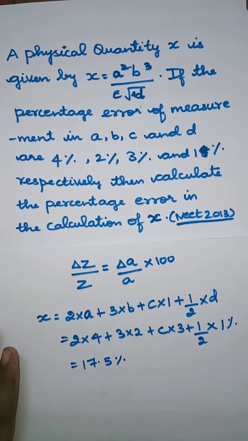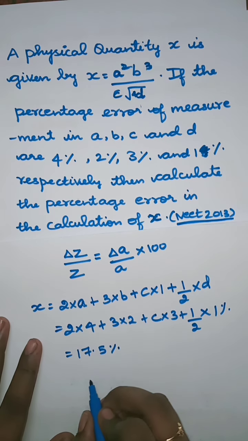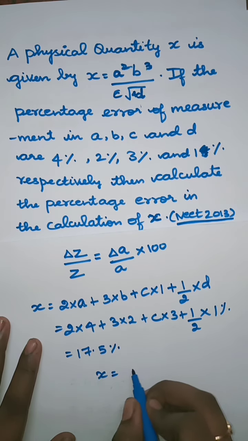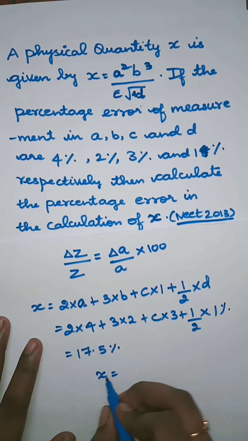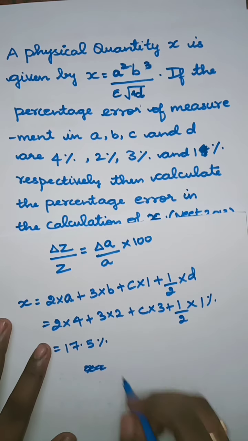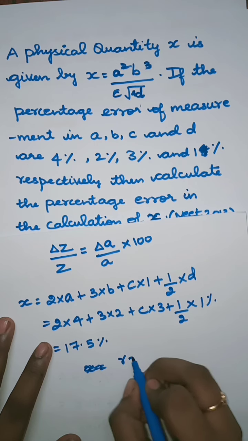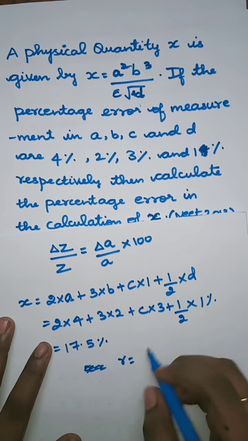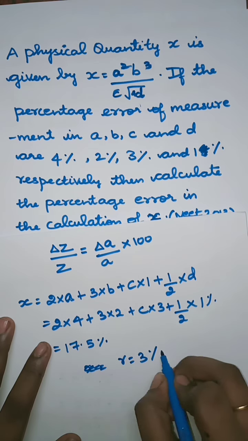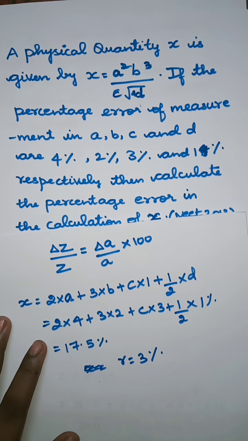For example, suppose they have given you the radius of a sphere as 3% error. Now find the volume of the sphere.